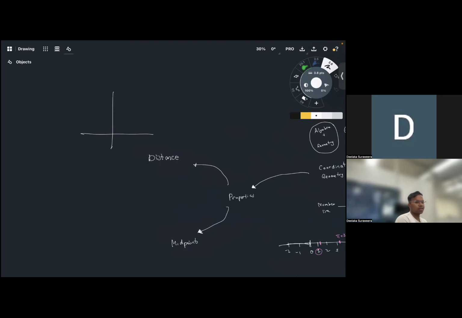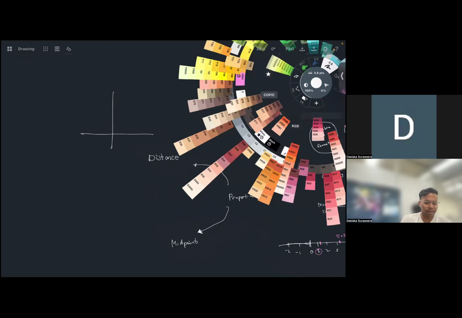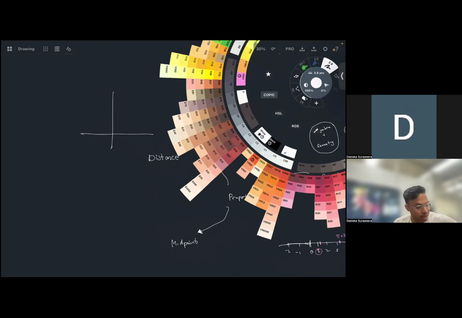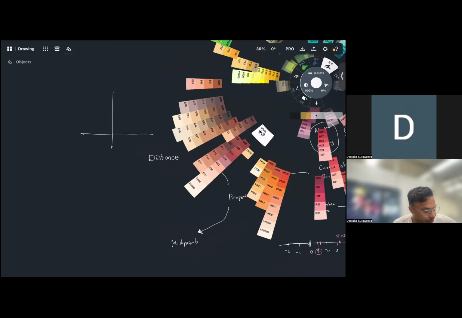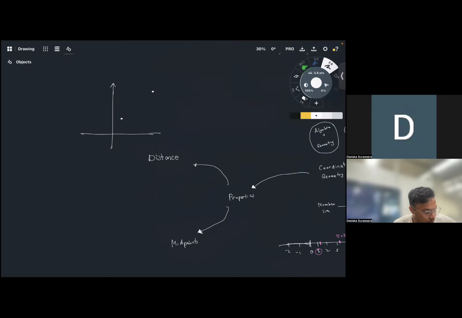Okay, distance. These are properties that relate to points. So the first thing is distance between two points on the Cartesian plane.